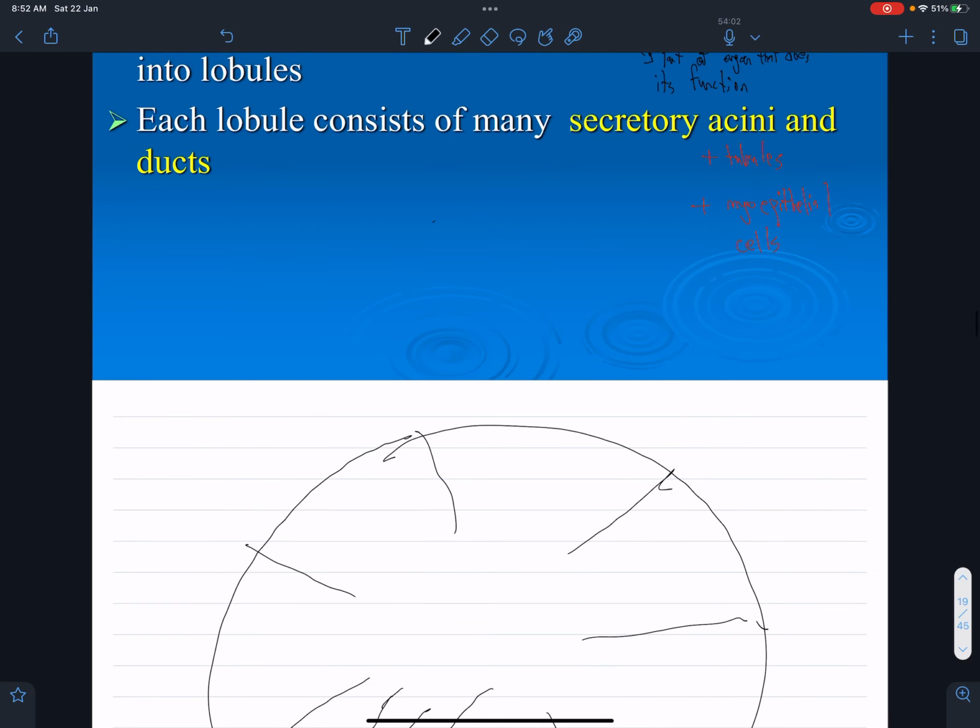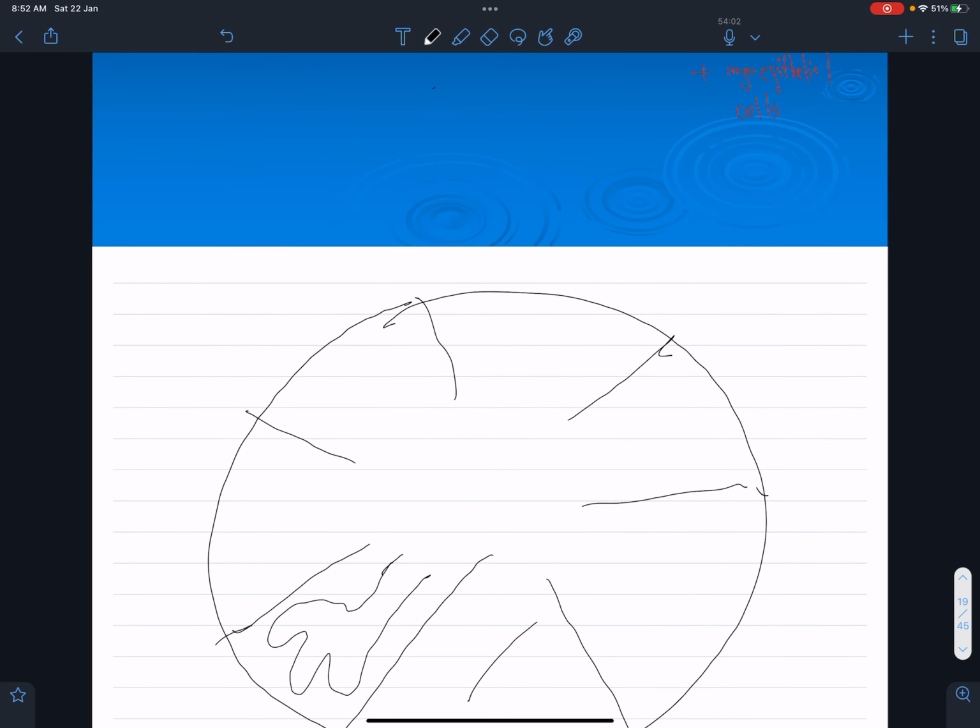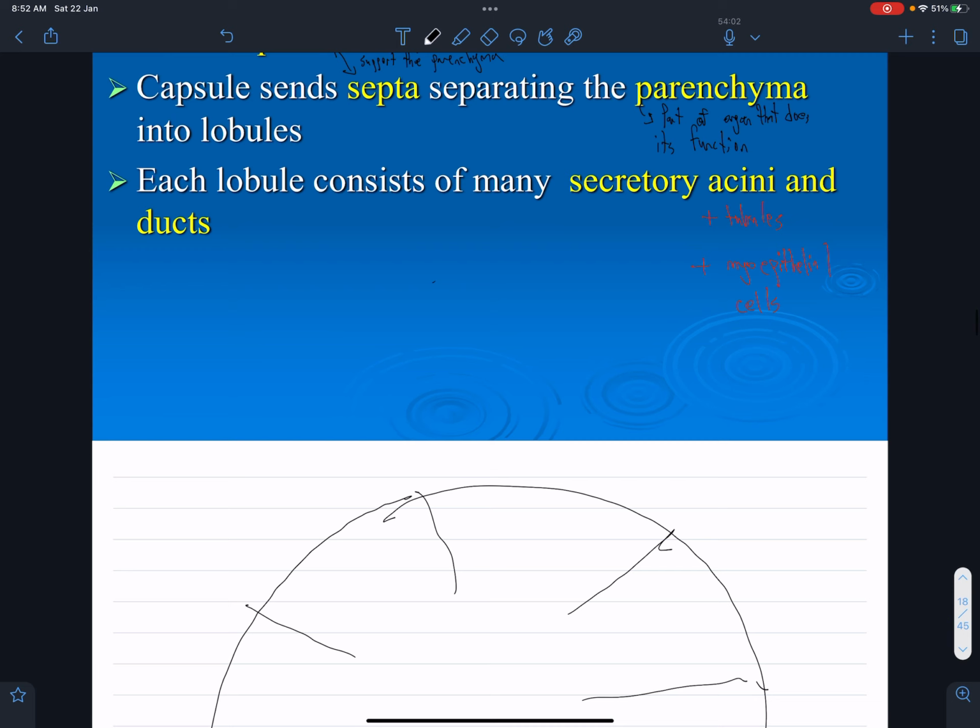The lobules that make up your parenchyma are made of two things: your secretory acini and your ducts. So let's divide them. Your lobules are going to be composed of, on one side, the secretory part of the gland, and on the other, glandular ducts, okay?